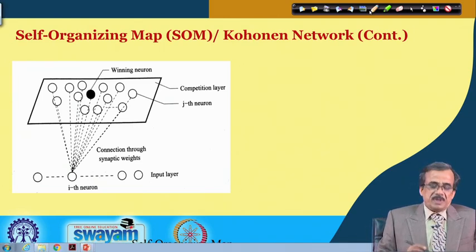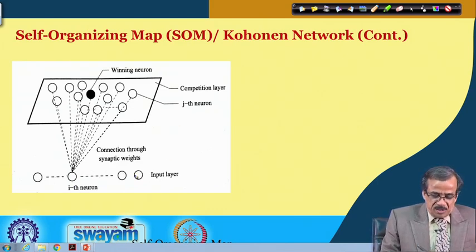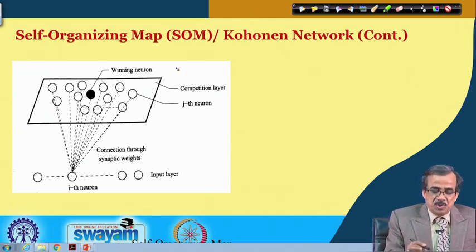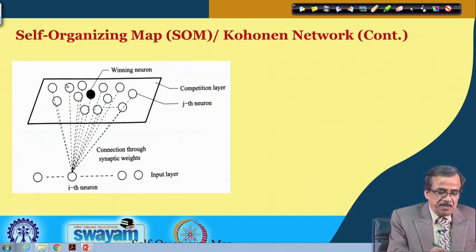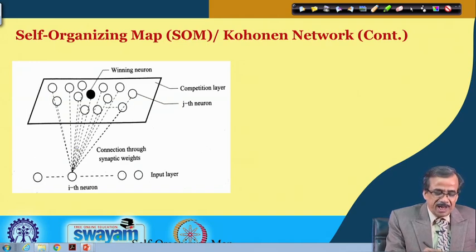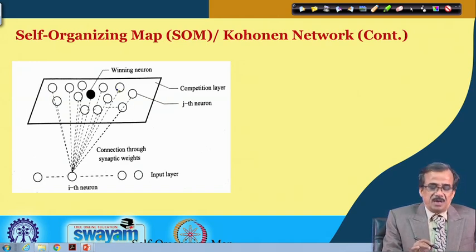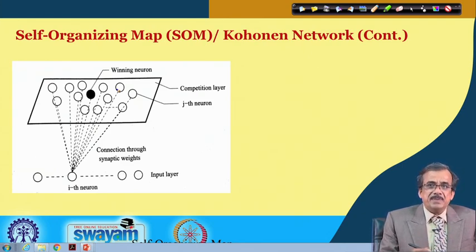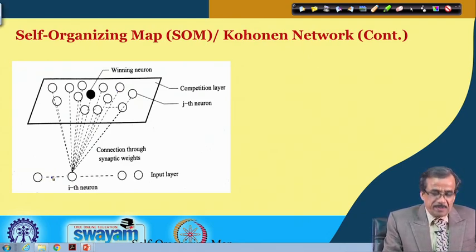This is the input layer and the competition layer, and I have already drawn this particular competition layer, but for the time being let me assume that this particular competition layer is actually absent. So, these type of neurons, the way I have shown it here, are absent for the time being say. Now, what is our M? Let me repeat. So, we have got capital N number of data.